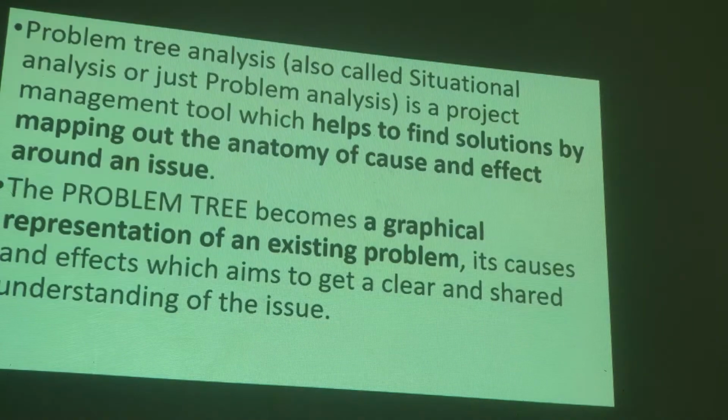The problem tree becomes a graphical representation of an existing problem, its causes and effects, which aims to get a clear and shared understanding of the issue.